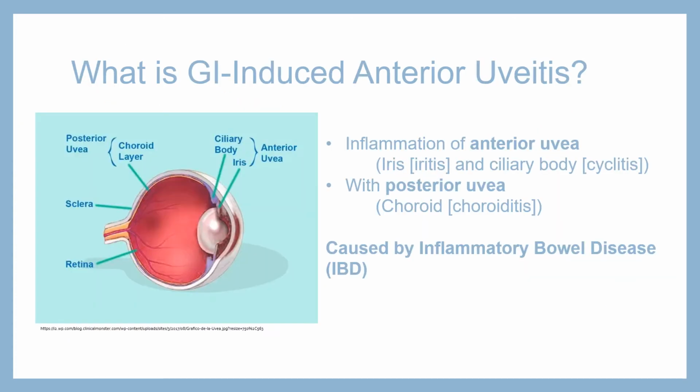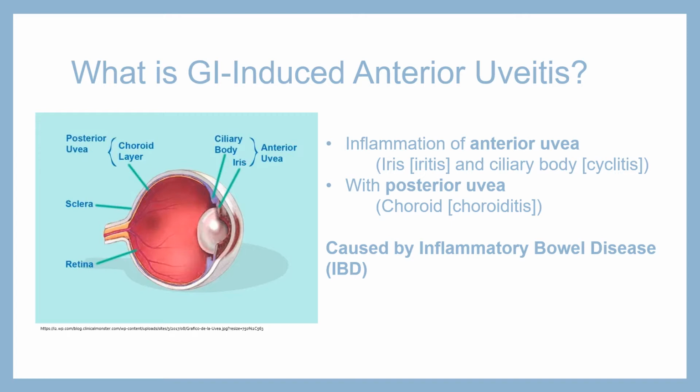Certain presentations in the GI can activate inflammation in the eyes. Specifically, anterior uveitis has been shown to correspond with the incidences of GI symptoms. As shown here, there's a layer between the retina and the sclera called the choroid.